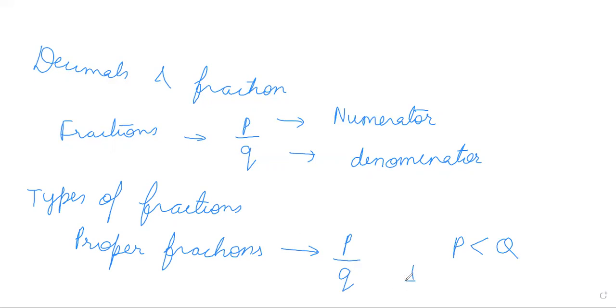If I write 1 by 2, then 2 is greater than 1. So this is an example of a proper fraction, like 1 by 2, 2 by 10, or 2 by 13. The denominator is greater than the numerator in a proper fraction. Let's move to improper fraction.